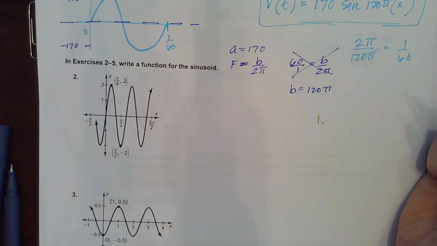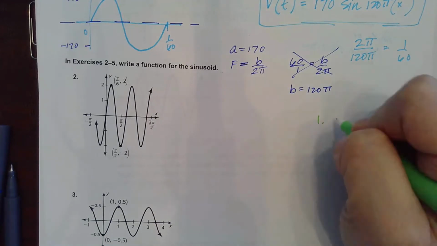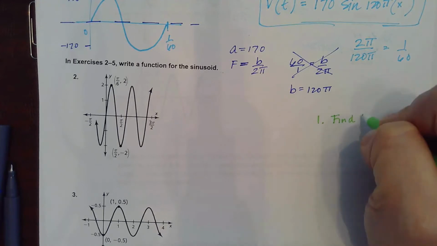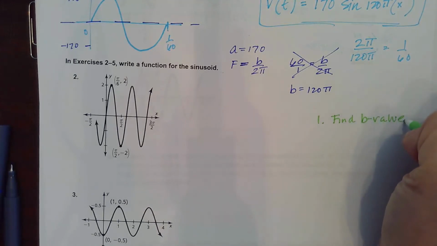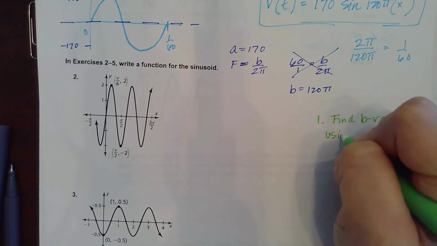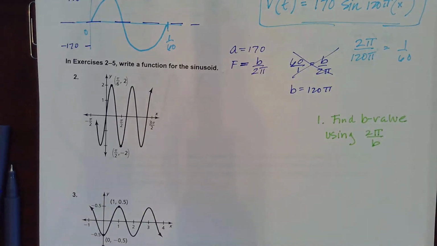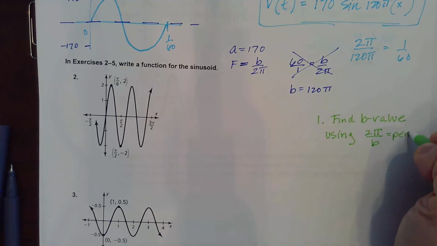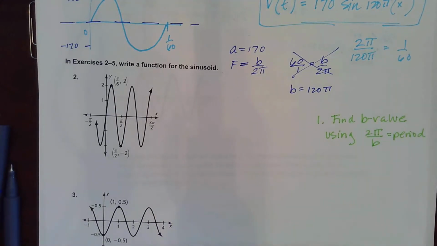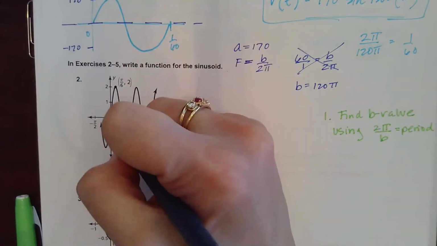So step 1, if you're writing the equation given a graph, is to find the b value. So you want to use the formula 2 pi over b. In other words, we're finding the b value using 2 pi over b equals our period. So when you look at a graph, what we're looking for is the period of this graph.